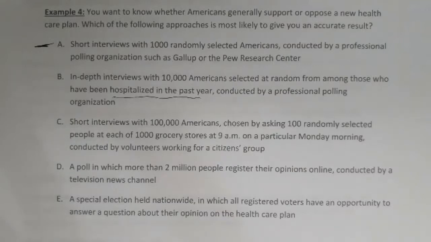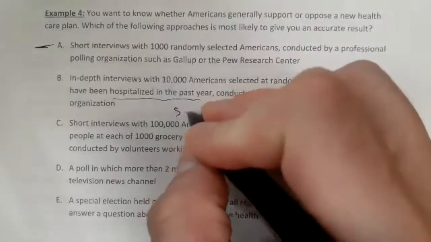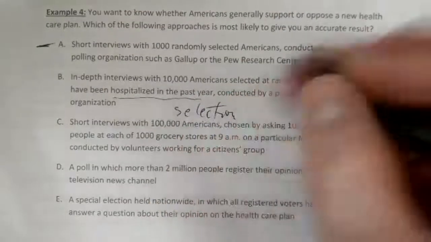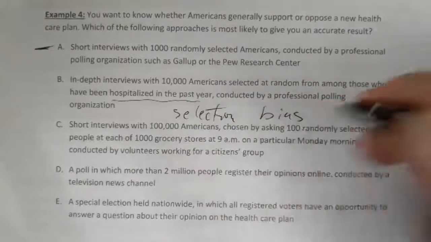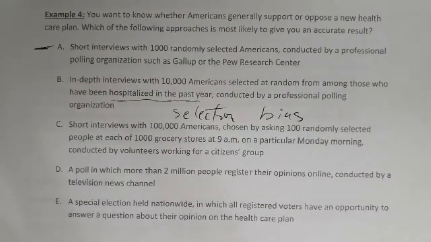That would be a selection bias because you're selecting the people from the hospital. So I don't know what professional polling organization this is, but they're not doing too good a job. That's selection bias right there. How's it going to bias it? Well, if they've been hospitalized and they need healthcare, they're going to probably be pretty pro healthcare.